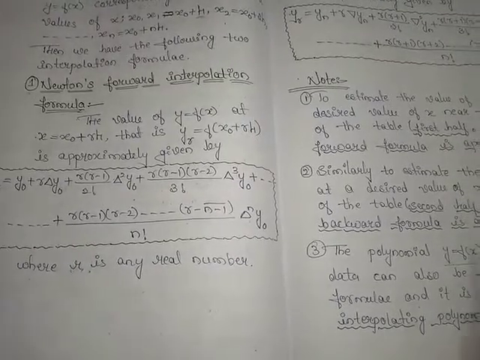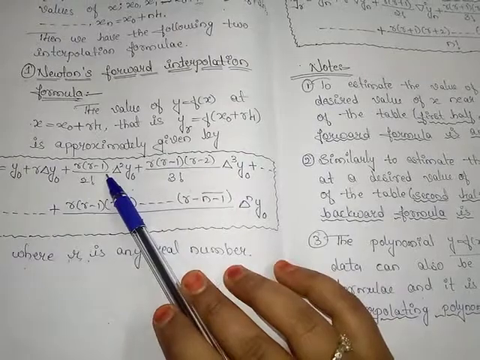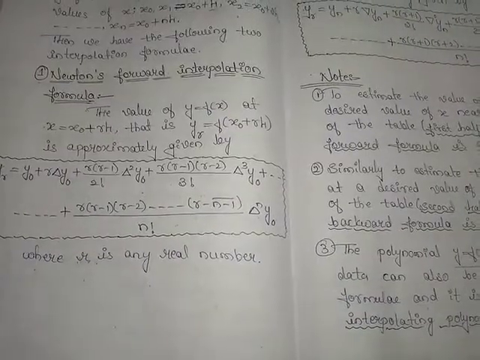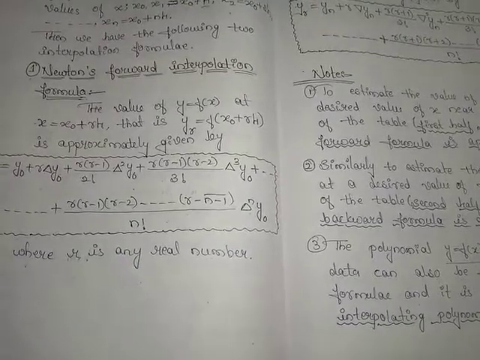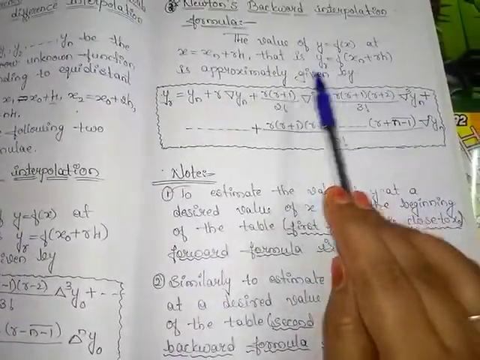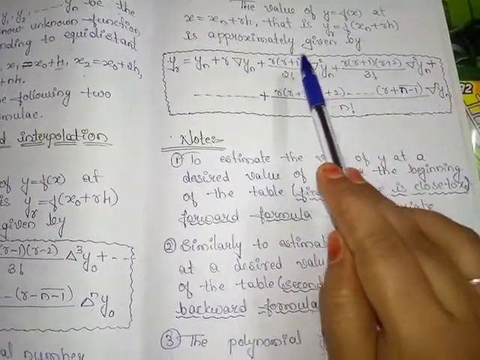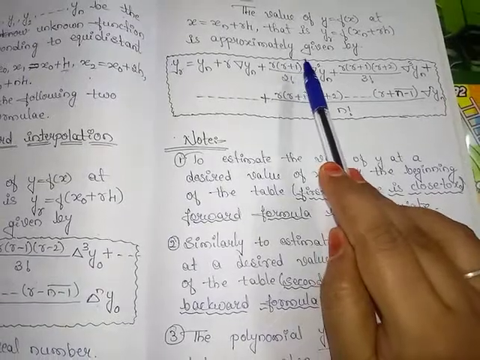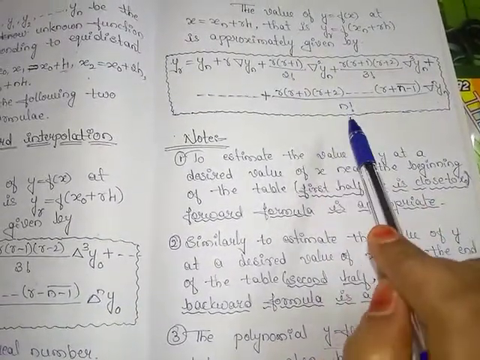Why I am stressing this is, if you write r minus 1 in place of r plus 1, it means you are using Newton's backward interpolation formula. In Newton's backward interpolation formula, we have r plus 1 terms. In place of r plus 1, if you write r minus 1, the whole calculation will be wrong.